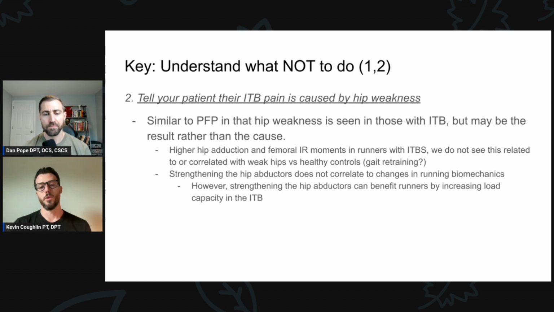So we could make the case to strengthen the hips. We know that they're a little weak now. Maybe it will make them more load tolerant, so they can better handle the stresses of running, but not because it's going to change their running mechanics. We'll talk about treatment a little bit later, but that's just a key to understand: don't tell your patients that hip weakness caused this.